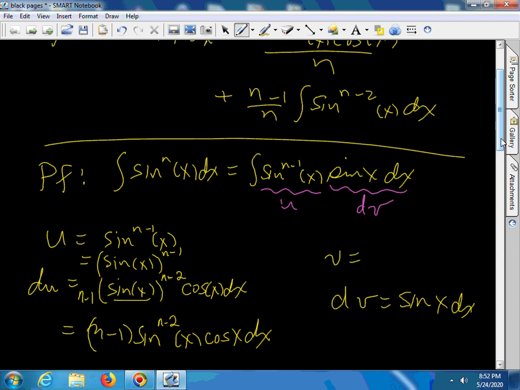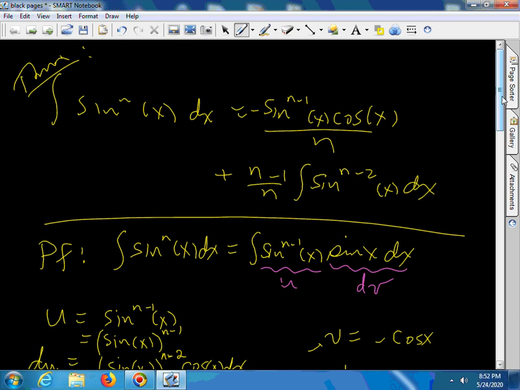So v will not be cosine x, because the differential of v should be dv. The differential of cosine x is negative sine x dx. That is, we need to put a minus sign there.